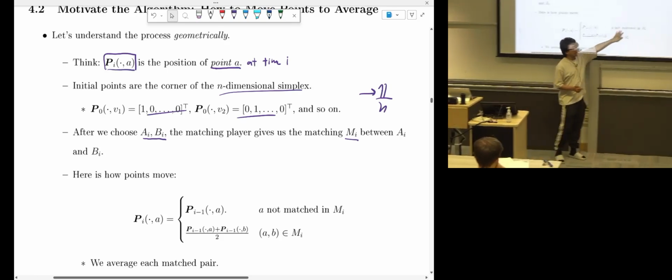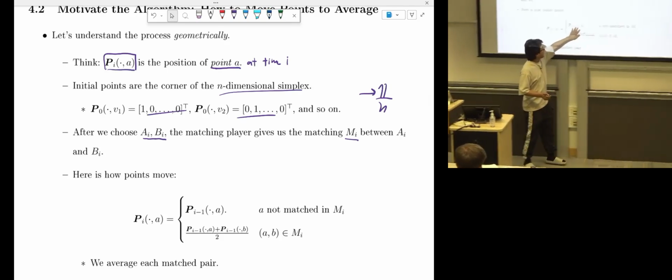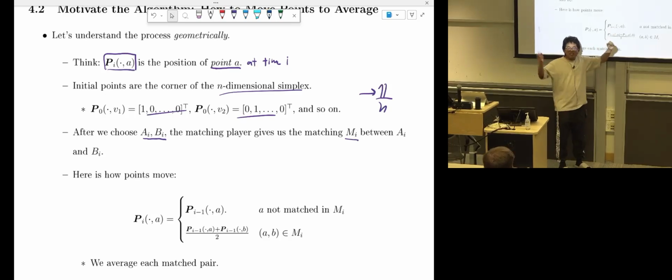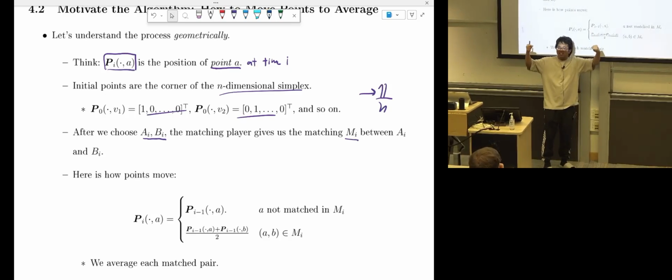And the way that the points move is like this. If A is not matched, then it stays put. The position of A will not change at all.